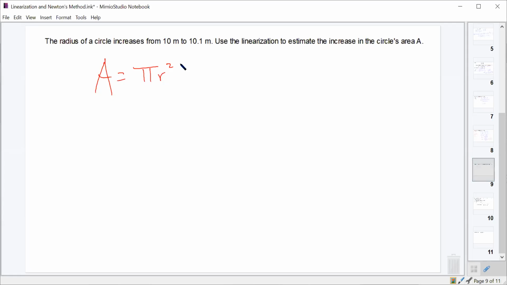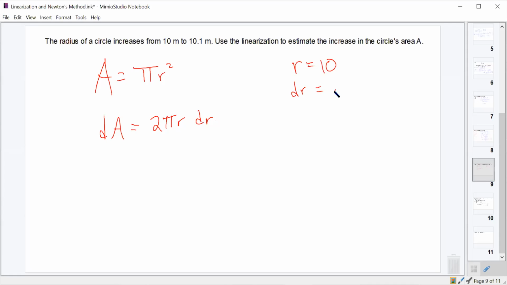So using a linearization or using a tangent line means we're just using these differentials for functions that look like this. So what does the change in area equal? It should equal the derivative of this, which is 2 pi r dr. And what did our radius start at? 10. And what does our dr become?